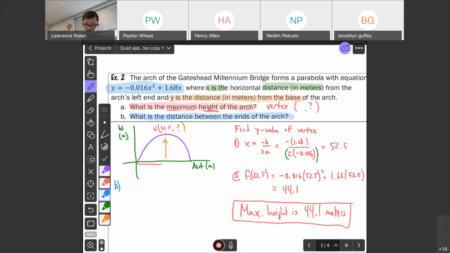So distance, that's an x question, right? If we know how far apart these points are, that would be the distance, the length of the bridge, right? Or length of the arch. So this is an x-intercept question. Really, it's this x-intercept that we're interested in, that one. And I know this one's at 0, 0 because that's where I put it. Where is that one? Okay, so this is an x-intercept question.